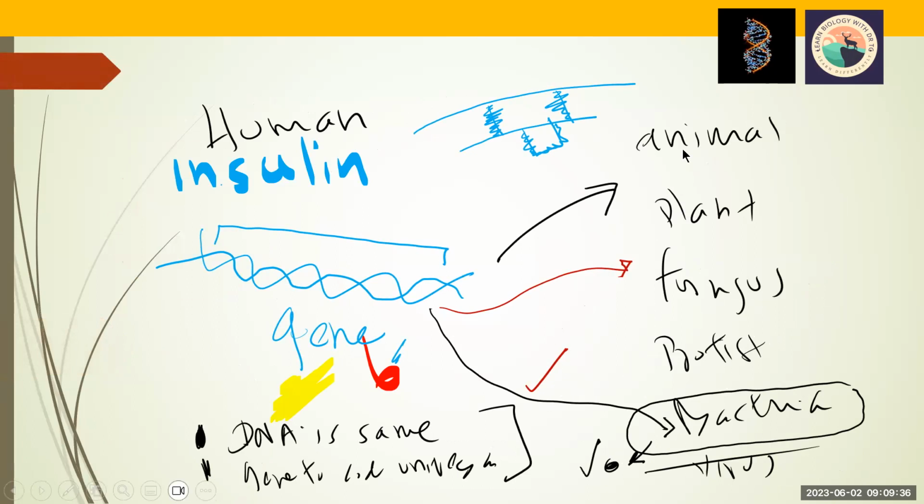But in certain cases we can also learn plant and fungi like yeast, how we can transfer genes to plant and fungi. Animal, we are not talking about within this level. The resource book does not cover transferring genes to animals, so we are not going to learn that. But we'll mostly focus on bacteria.